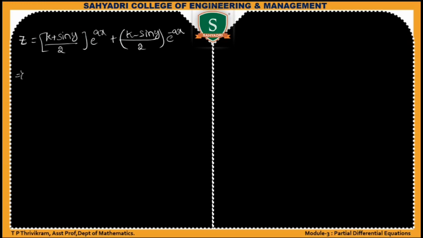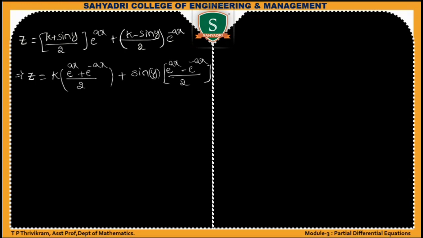So implies z equal to, if I take k common, what happens in both the terms? (e power ax plus e power minus ax) divided by 2. Similarly, plus sin y if I take common, (e power ax minus e power minus ax) divided by 2.